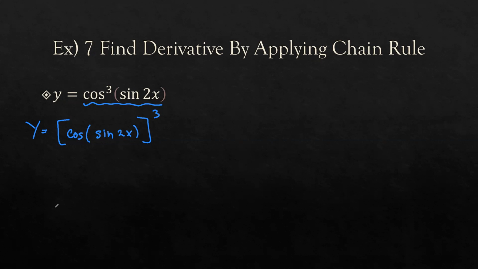If you solve this problem, you're going to apply not only the chain rule, but you also have to apply the power rule. So let's just do the rule. This is one of the chain rules.